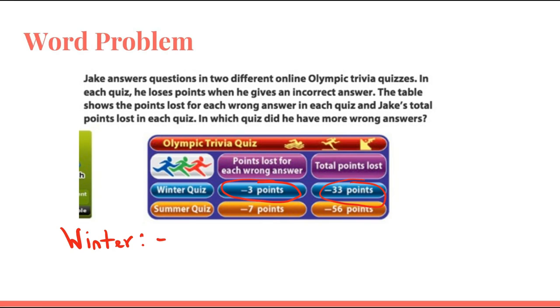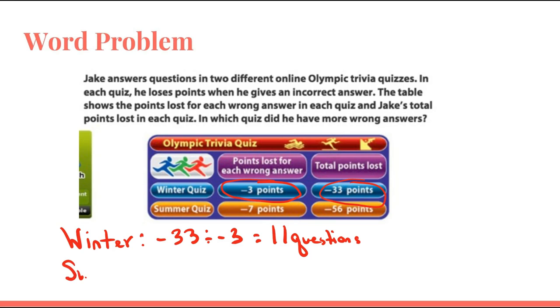We can figure that out by doing negative 33 divided by negative 3. Since our signs are the same, our answer is going to be positive. And then we just have to figure out what 33 divided by 3 is. 3 times something gives you 33, and that something is 11. So he answered 11 questions wrong in the winter one.